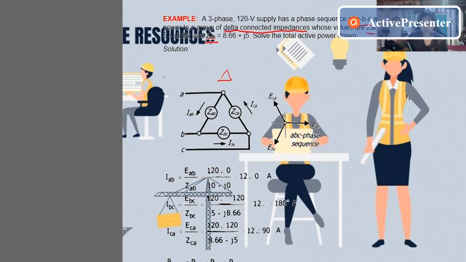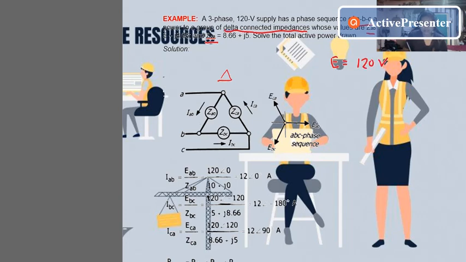In that sequence, we have EAB with an angle of 0, and ECA and EBC. This was in our last topic. Next is the formula to solve for the current A to B, since we already have the base formula. The given voltage is 120 volts.